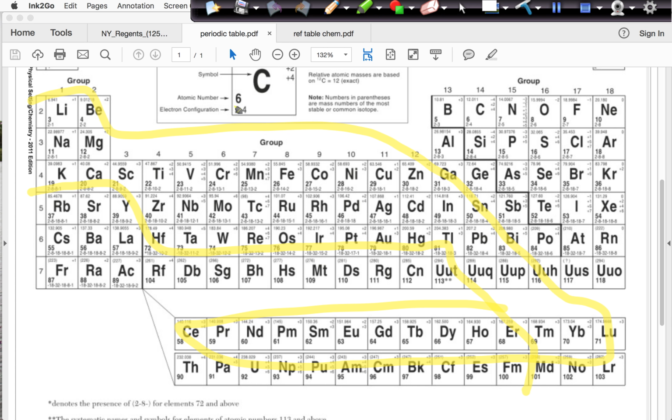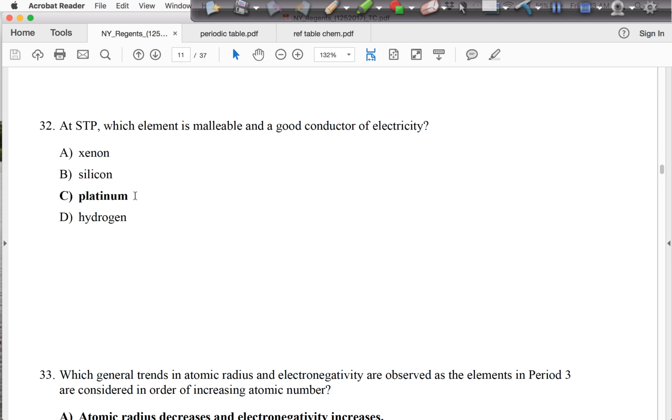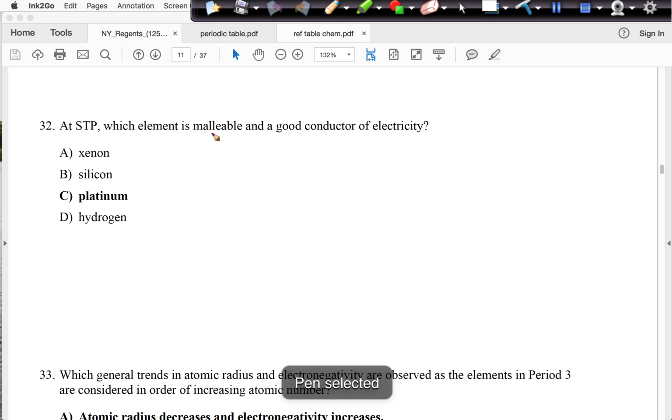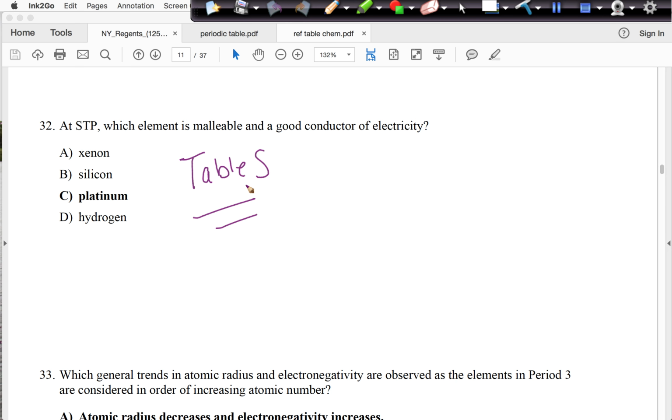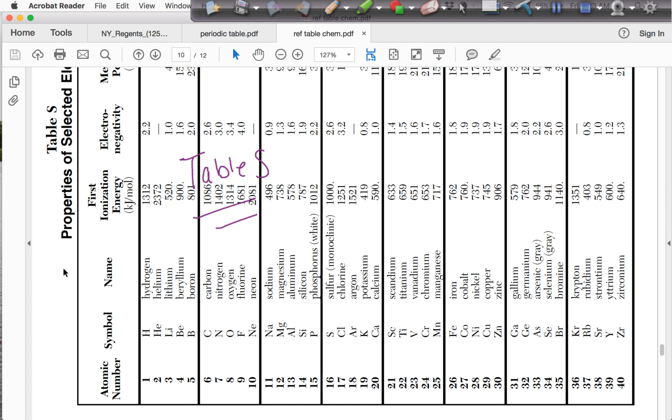And when we look at the periodic table, the element that was on that side was platinum. And again, remember that if you don't know the symbols for these elements, you're going to look them up on table S. And when you look at table S, you can look up the symbols versus the names for most of the elements.